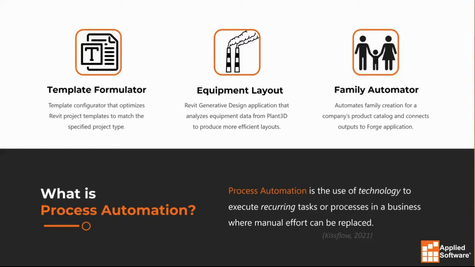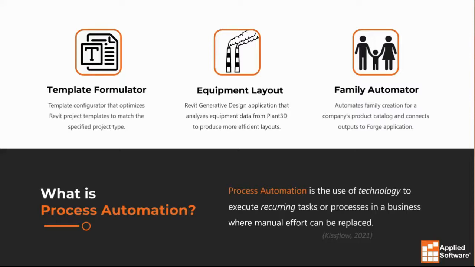How can we get our design team away from doing these redundant tasks? How can we get them away from manually entering data? And Dynamo is an engine that allows us to tap into this process automation in a way that, frankly, the industry's never been able to take advantage of before to the level that we can with Dynamo.